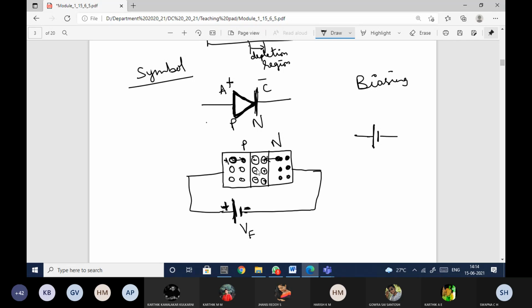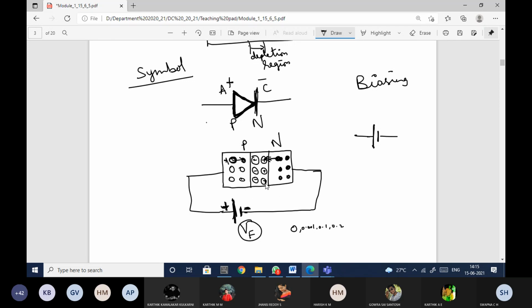Initially, a very small current will flow, almost negligible to zero. Now I will start increasing this VF, maybe 0, then 0.001, 0.01, 0.02, like that. The more you increase it, the movement of these electrons will also increase.